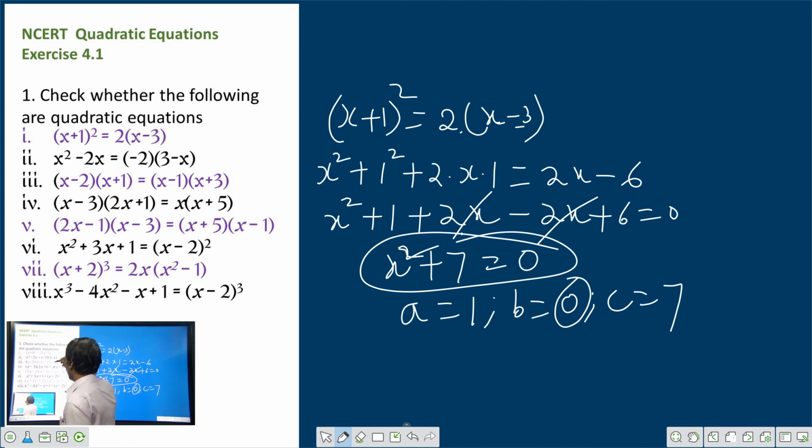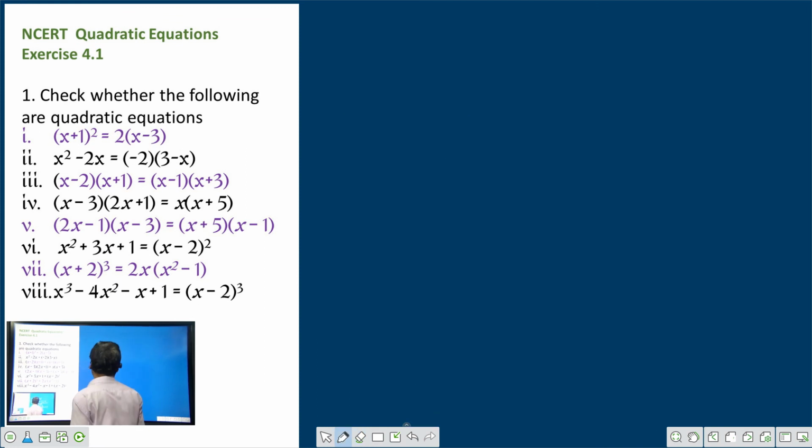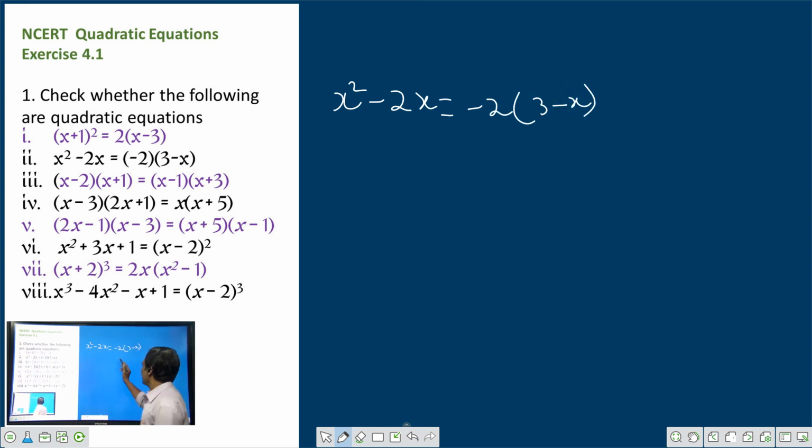I will go for another 2-3 examples. Okay, x square minus 2x is equal to minus 2 into, and see here, why I put brackets after minus 2: because there are 2 terms, and minus 2 applies to all the terms. If I don't put brackets, only the first term would get multiplied.